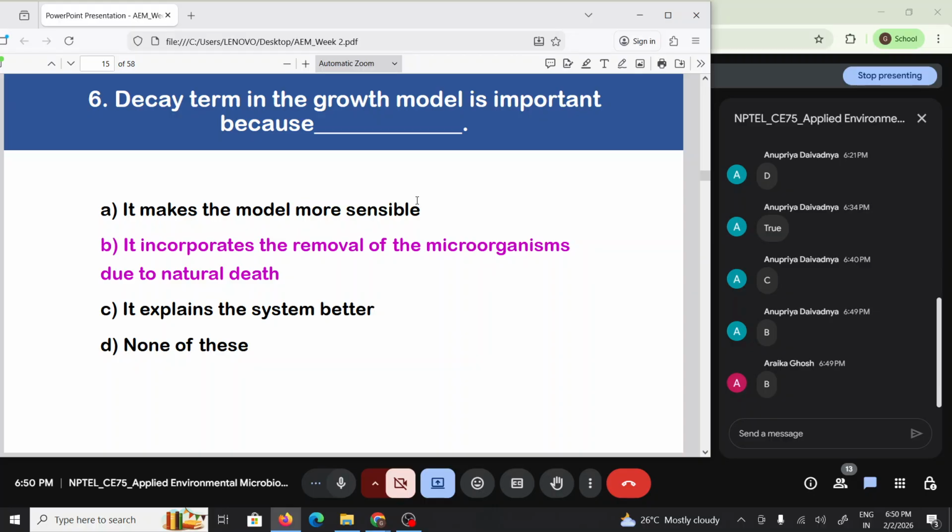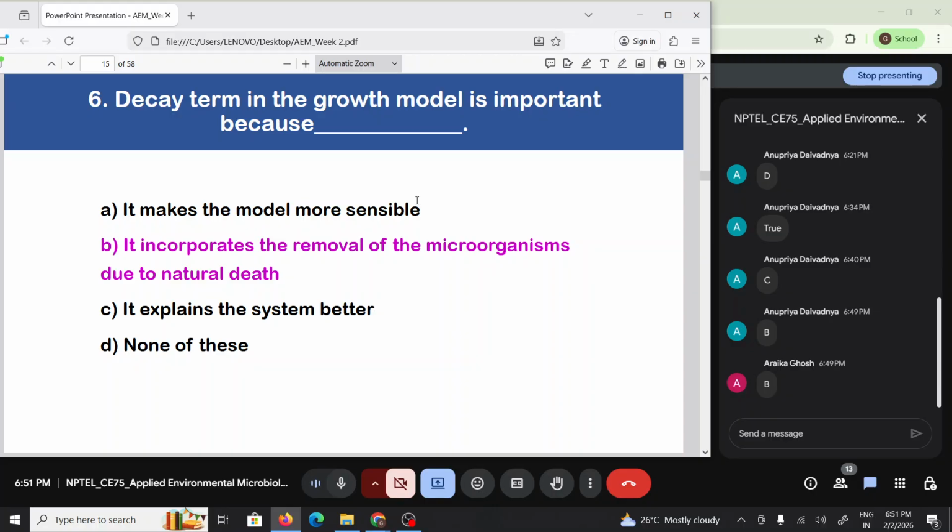In the stationary phase, we experience some kind of nutrient depletion, so the rate at which the cells grow and the rate at which they decay are similar. That is why you have a stationary phase. It's not showing any elevation in the curve, it's just going to be flat.